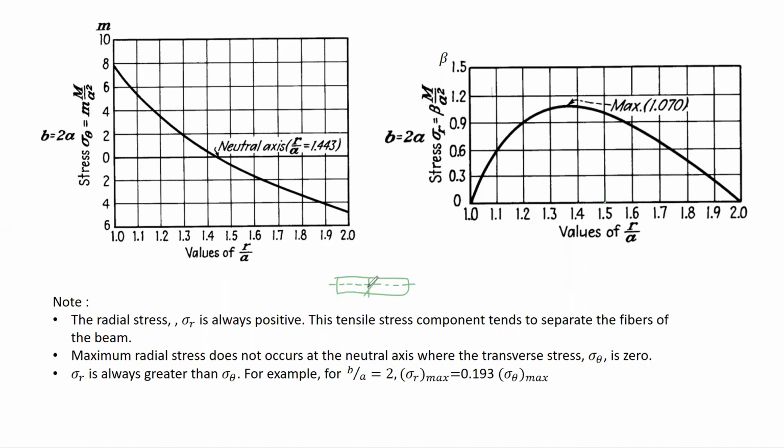And on the neutral axis, we have 0 stress. But that is not the case with the curved beam. With the curved beam, as we know, the neutral axis has some eccentricity with respect to the central axis. So the central axis wouldn't coincide with the neutral axis.